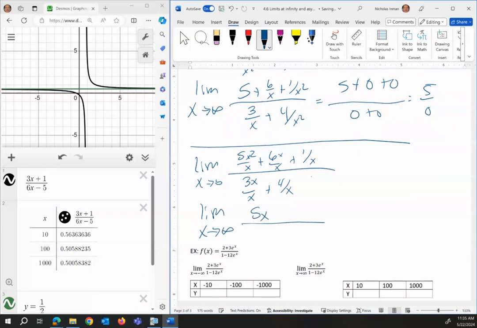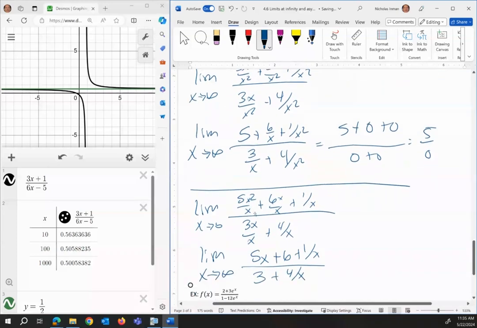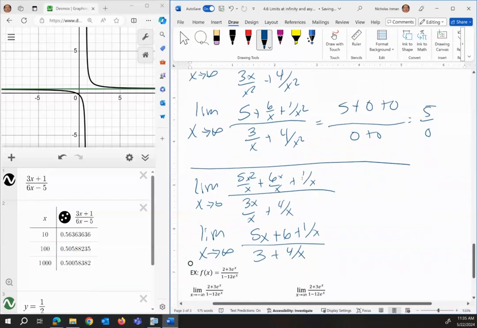So it would be 5x plus 6 plus 1 over x, over 3 plus 4 over x. That's a good idea. Instead of doing the highest power, because I got something weird, I do one less. I do the highest power of just the denominator.